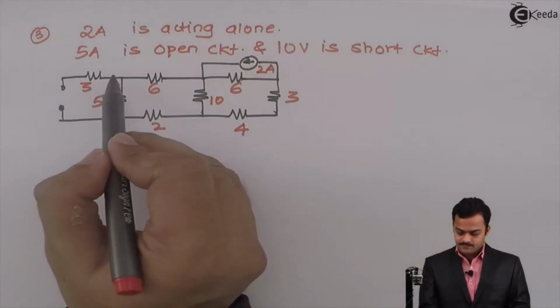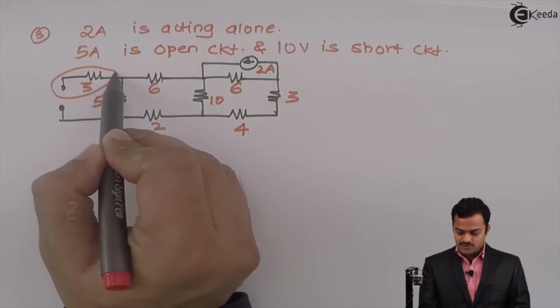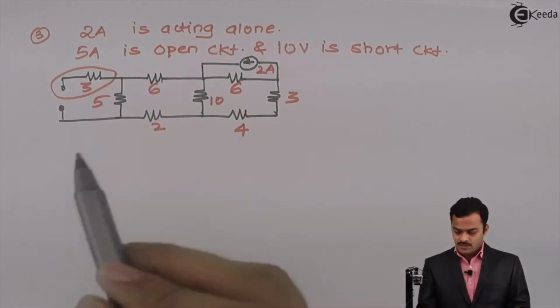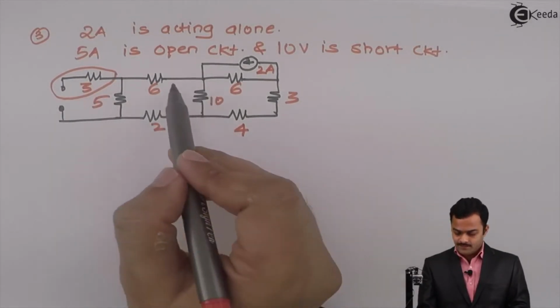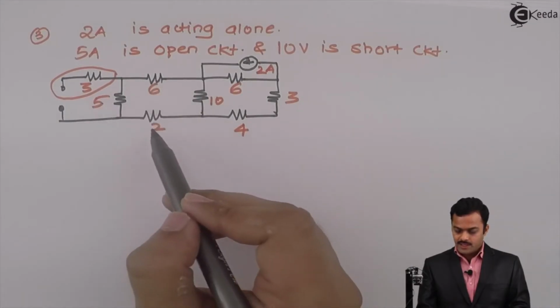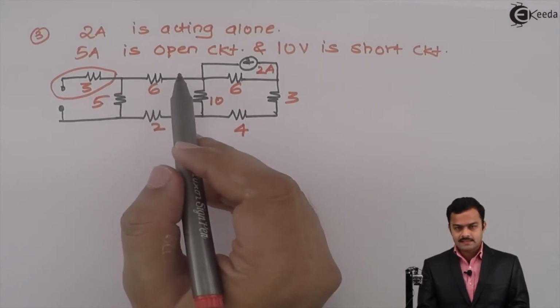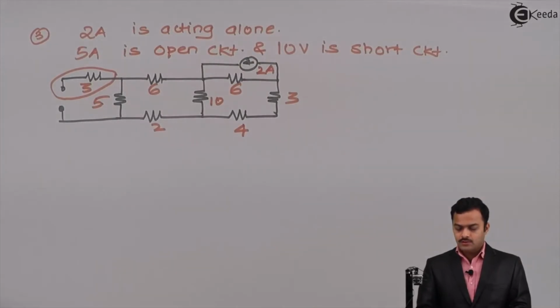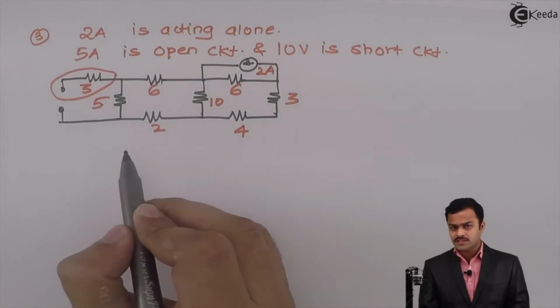Again same concept. This is redundant because connected to the open circuit. Hence I can say this 6, 5 and 2 will come in series. So ultimately circuit will look like this. So let's reduce the circuit.